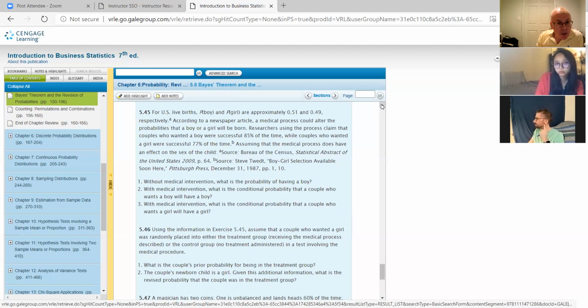It says researchers who used the process claim the couples who wanted a boy were successful 85% of the time, while couples who wanted a girl were successful 77% of the time.